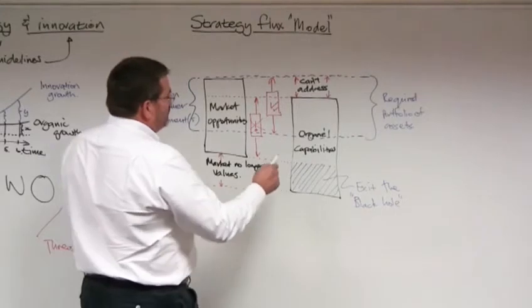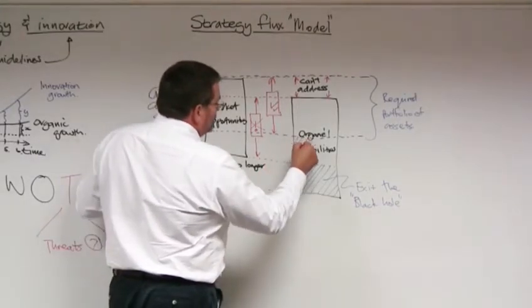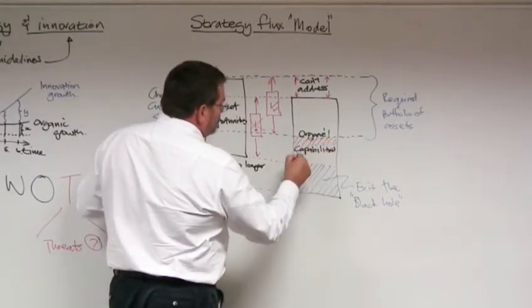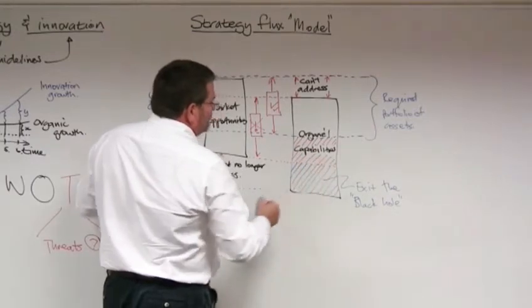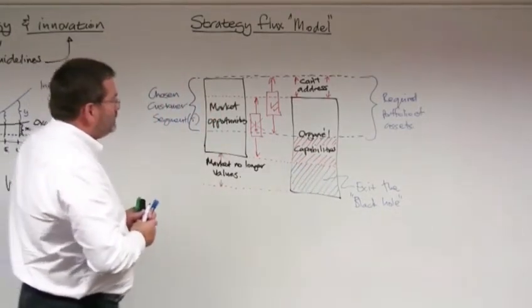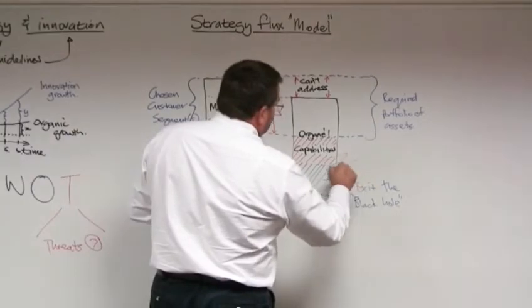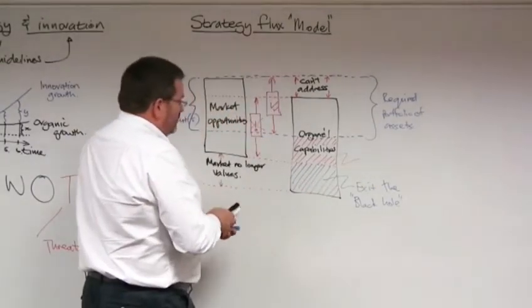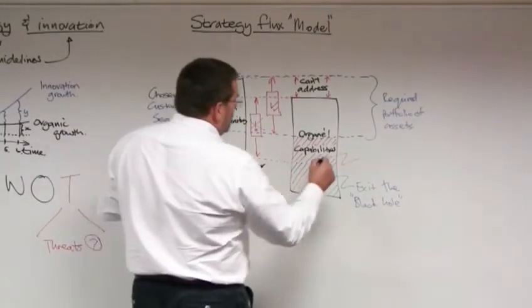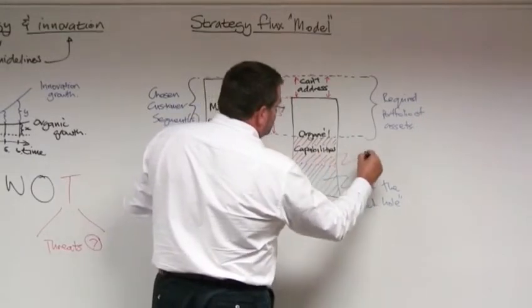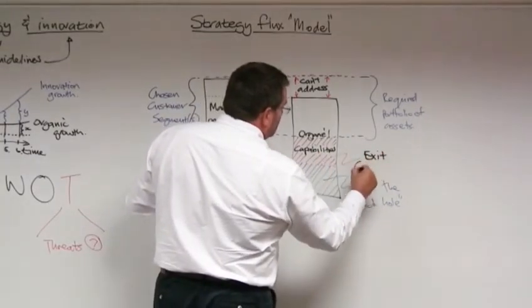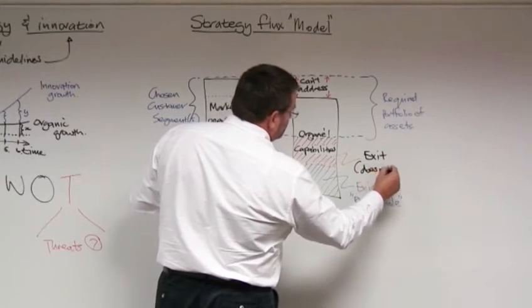The second hatched area would be this area here. And this is even more difficult, because in this particular area we have a situation where, I'll write this in black just so it's easier to see, but in this particular case we need to exit this because it doesn't fit with our strategy.